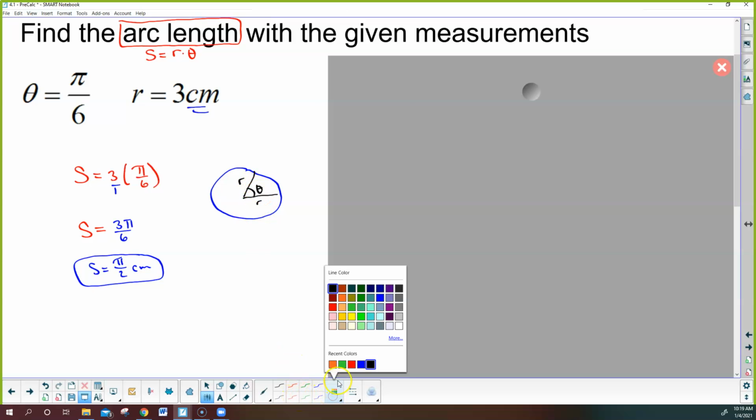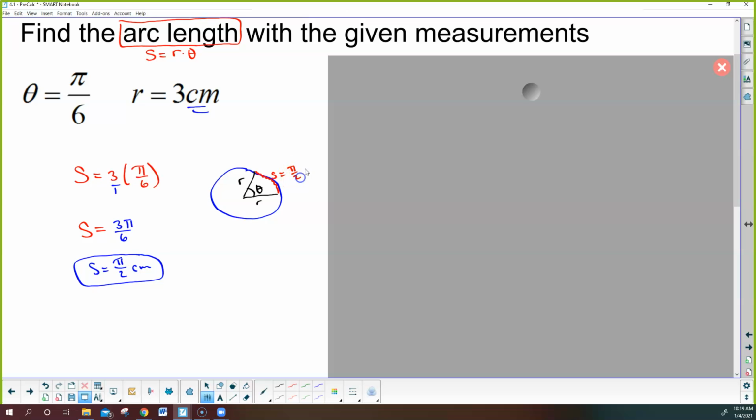But what did I just find? I found the length of this arc right here. That is S, and S is pi over 2 centimeters long. Right? And you could take pi, which is 3.14, and you could divide that out. So if I'm going to use the pi button, just take pi and divide it by 2.